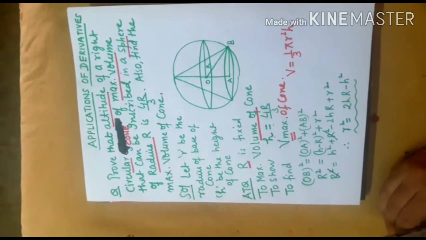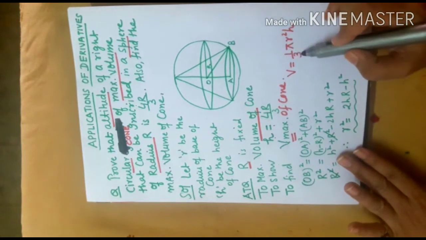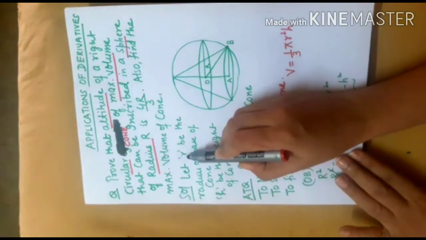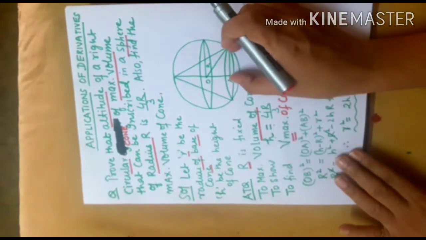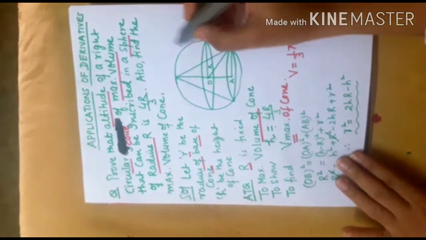As we are to maximize the volume of the cone, and the volume of a cone is given by 1 by 3 pi r square h, where r is the radius and h is the height. So let small r be the radius of the base of the cone, that is this, and h be the height of the cone, that is this length.